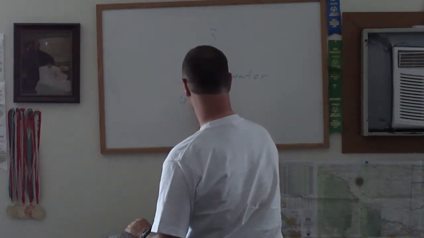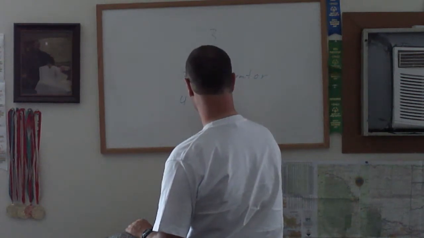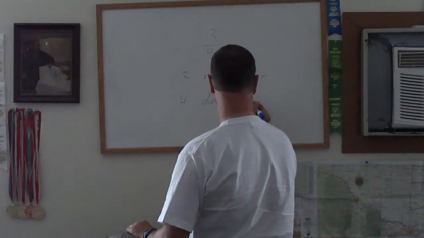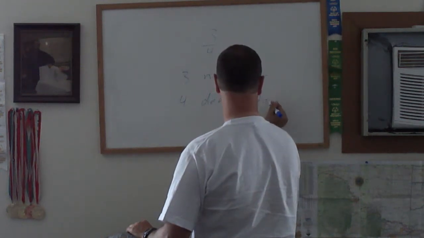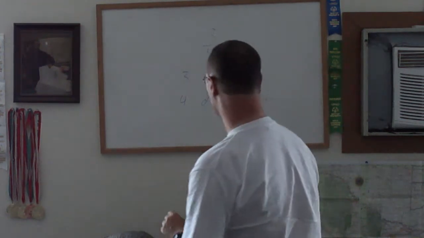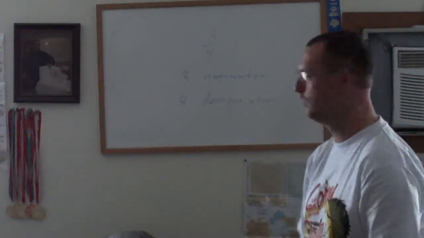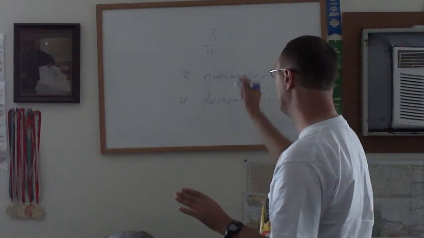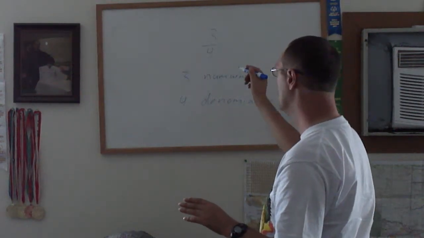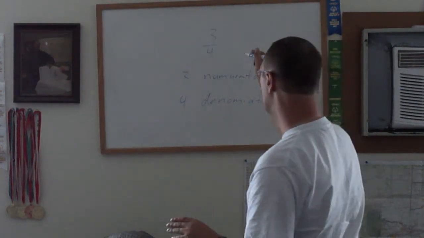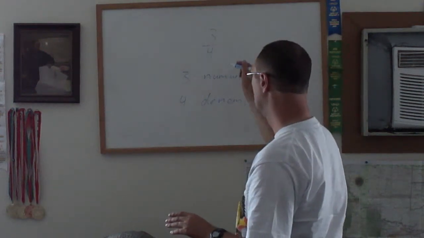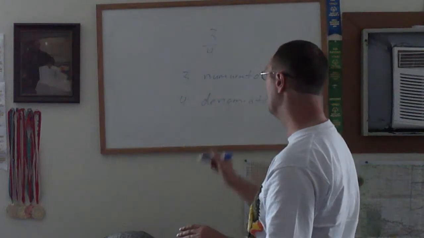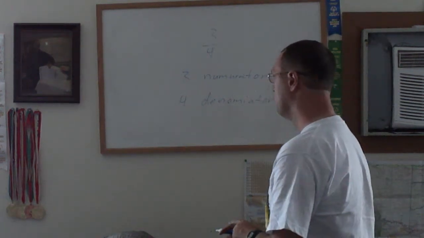And 4. We're working with numerator and denominator. The 3 on top is the numerator. And the 4 is the denominator. It's right there on the bottom of the fraction bar.